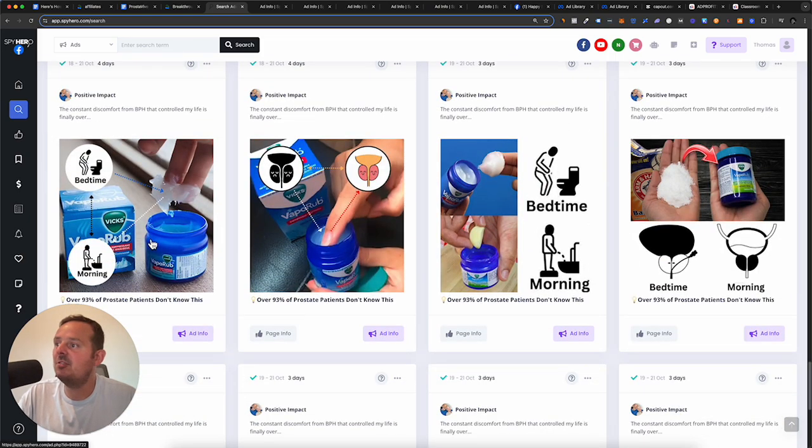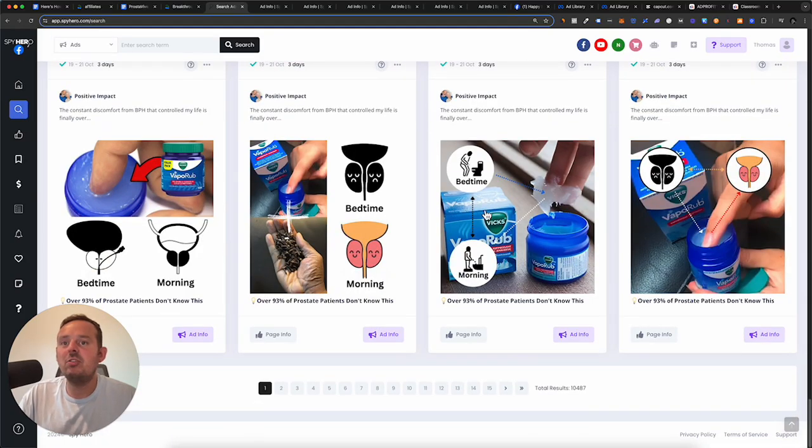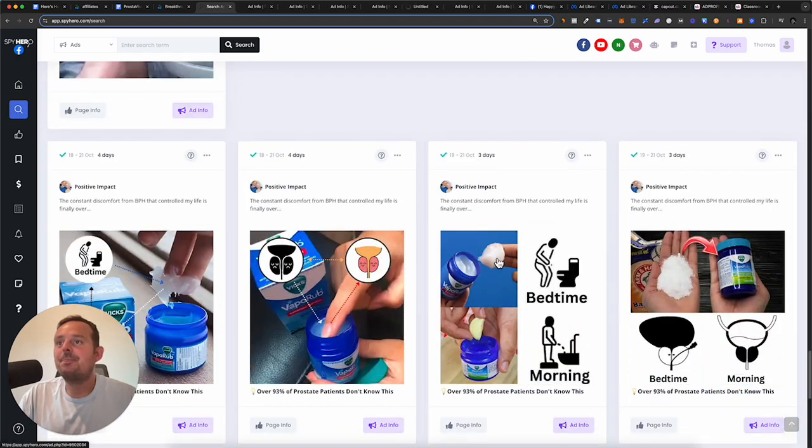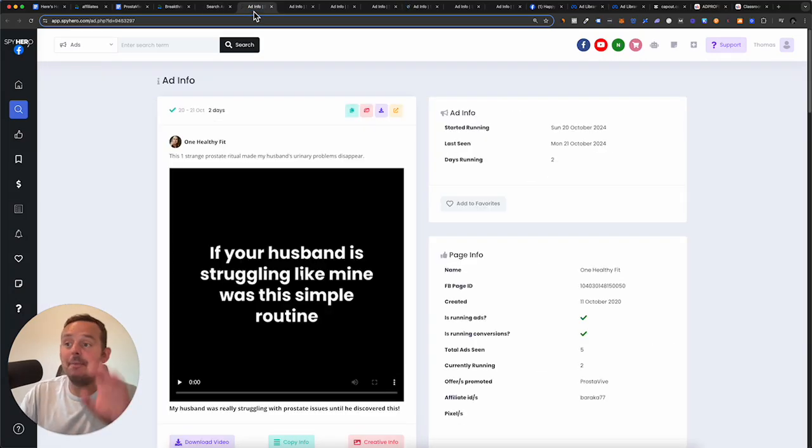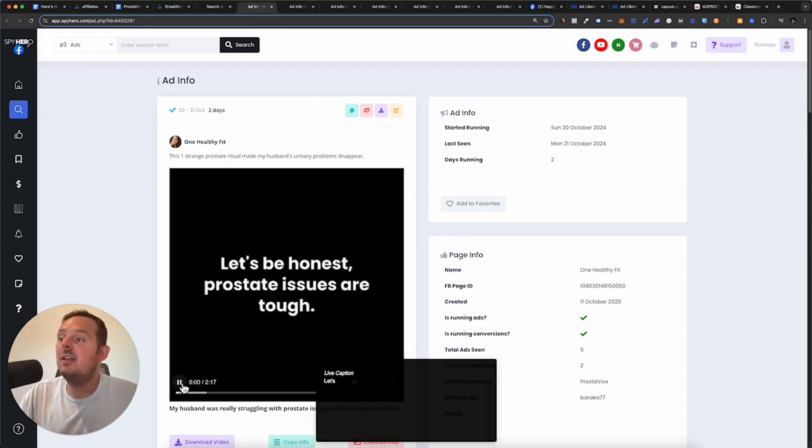Now, I'm surprised there's not any other sort of substances being tested with this instead of vapor rub. I get it, like the Vaseline sort of style. But look how many ads these guys are running. So we've got a few ads now that we can look at, and primarily image-based, which is interesting, right? So let's take a look at this.